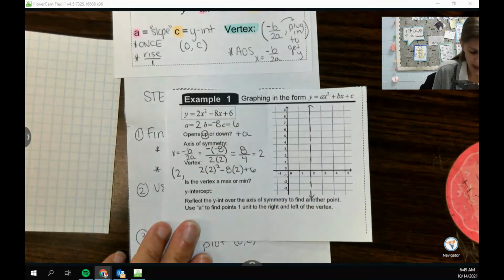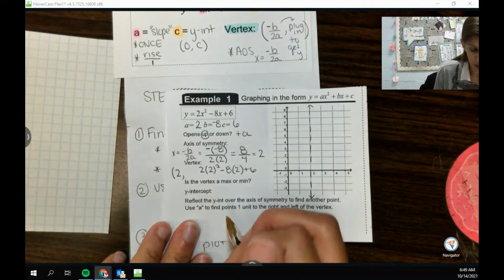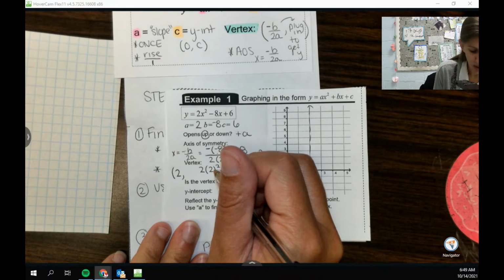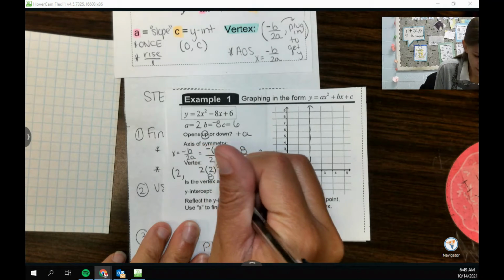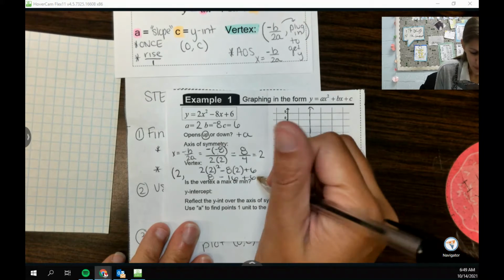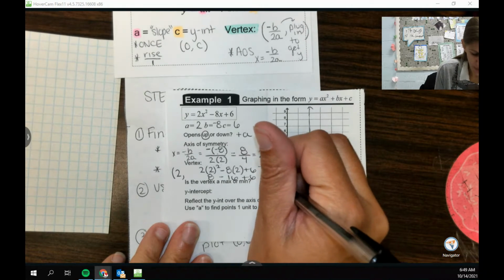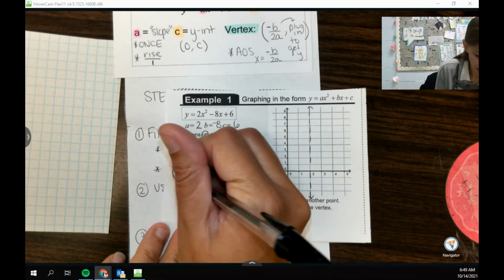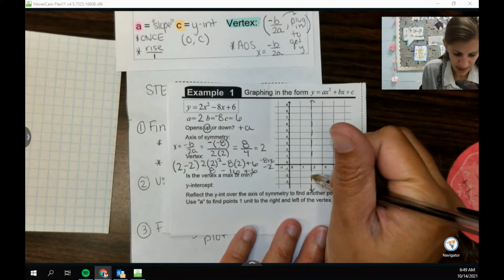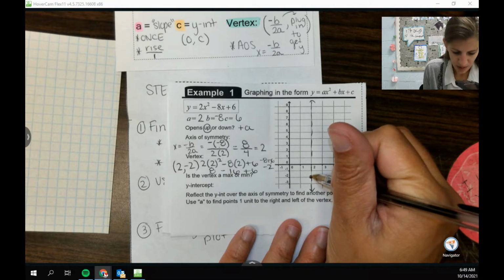So we're just putting it in place of x. So 2 squared, and we're just going to follow order of operations now. So 2 squared is 4, times 2 is 8, minus 16 plus 6. And that's going to be what? Negative 8 plus 6, so negative 2 is where my vertex is. So negative 2 goes right there.